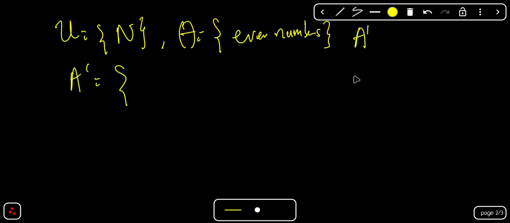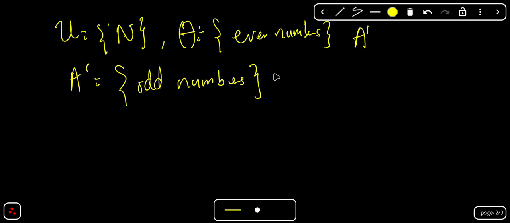The set of elements that are in the universal set that are not in A. The set of natural numbers consists of both the even numbers and the odd numbers, and in A we can only see even numbers without the odd numbers. So A complement will be the set of all odd numbers.